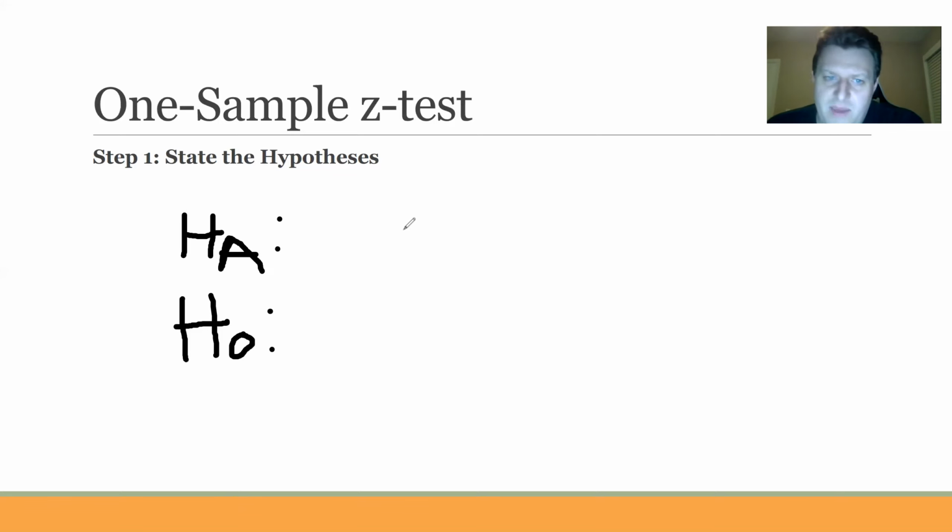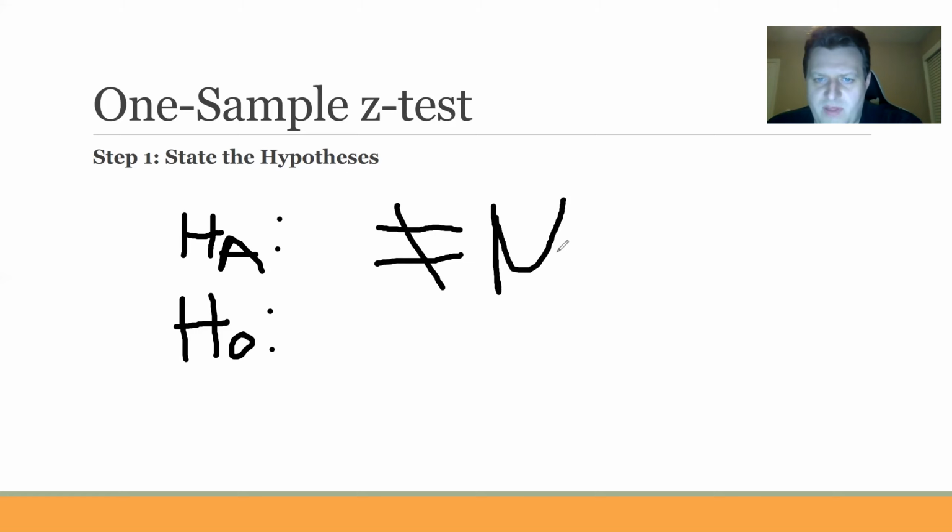The way that I am going to write it, instead of in mathematical notation, is I'm going to use the does not equal sign. This means it's different than. I'm comparing two different means and trying to see if they're different from one another. One of the means that I'm comparing to is the population mean for everybody.